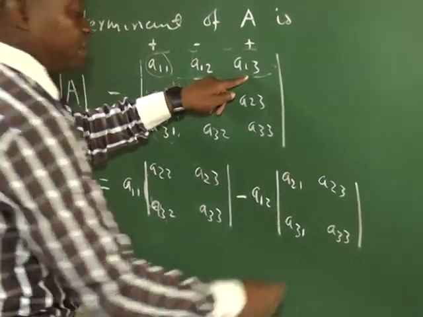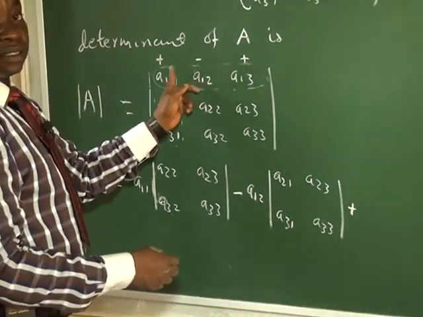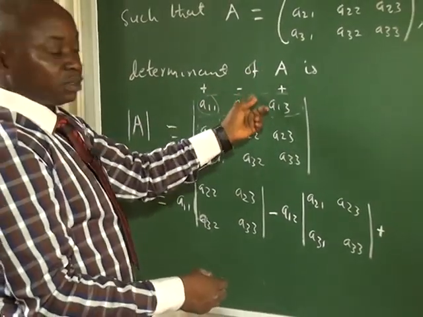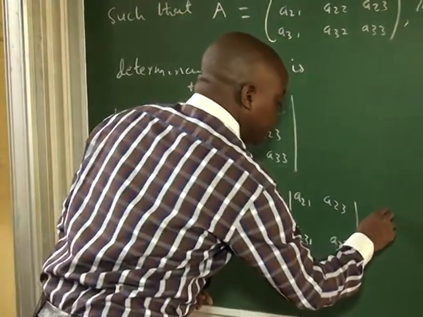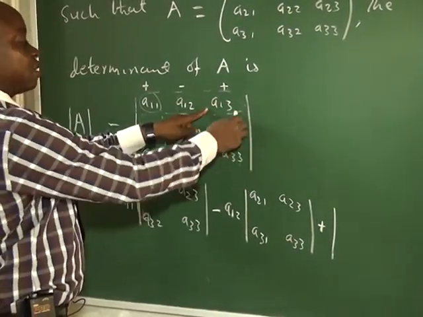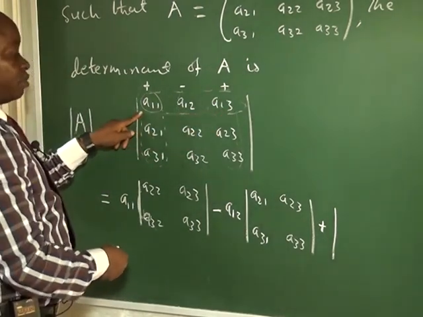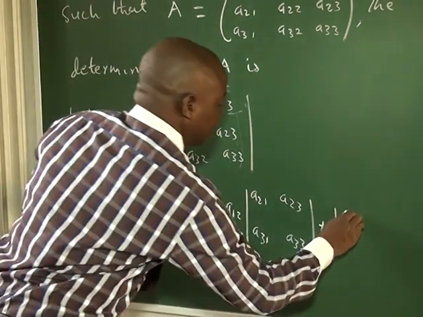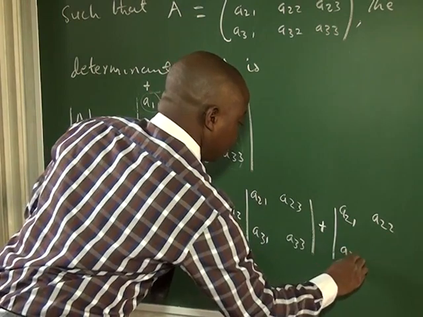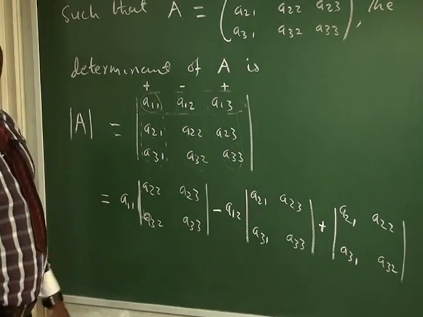Then the next one is this, which is plus. Notice the alternation in signs: plus, minus, plus. And if I do that, I would then ignore the elements in the column of the element I picked and the ones in the row. So what remains is A21, A22, A31, and then A32. Look at that.